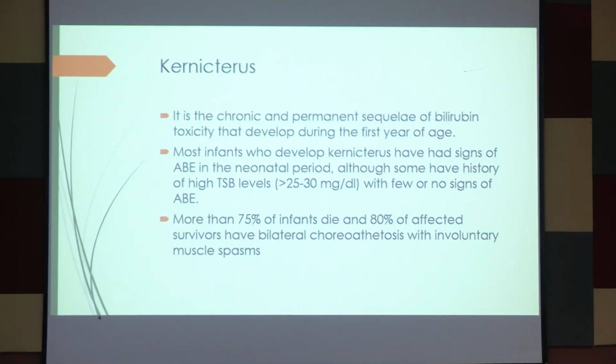So, severe Kernicterus or severe acute bilirubin encephalopathy leads to choreoathetoid cerebral palsy. There will be bilateral choreoathetosis with involuntary muscle spasm.